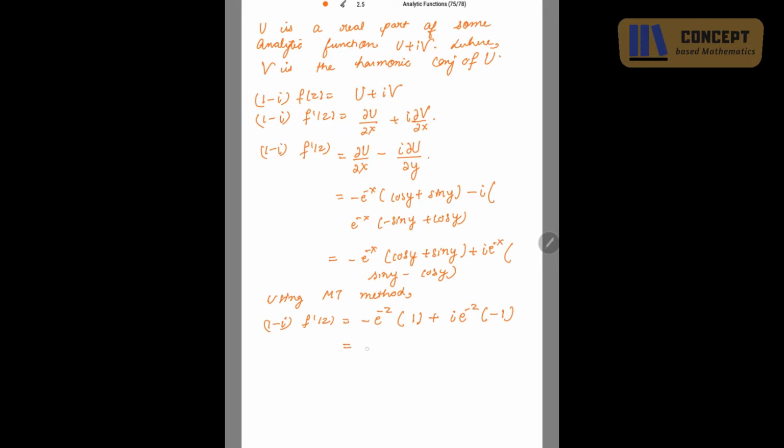So this is equal to minus e to the power minus z times (1 plus iota). So now if I integrate, on integration I get f(z) is equal to e to the power minus z times (1 plus iota) plus alpha. Okay, if I integrate, I will get this.